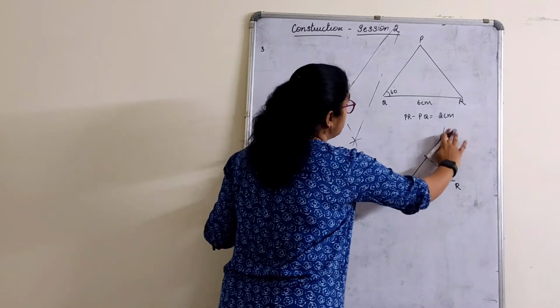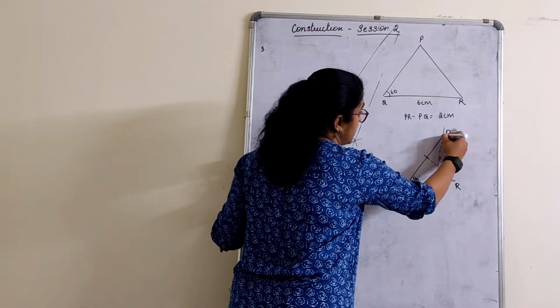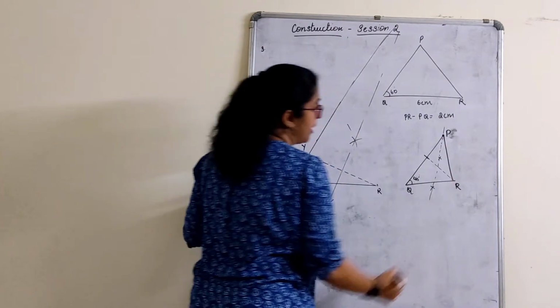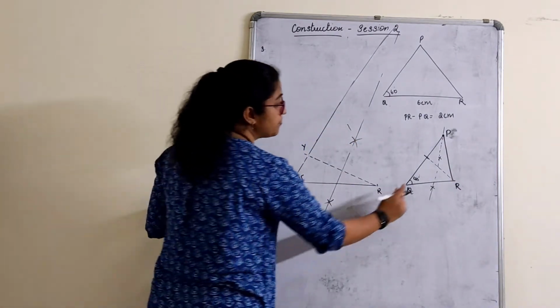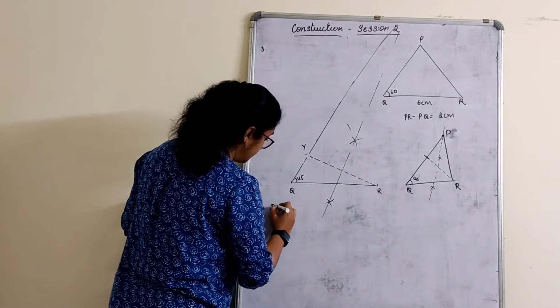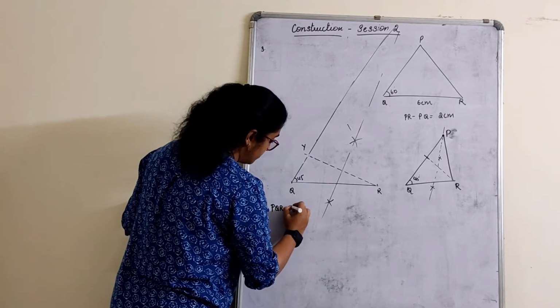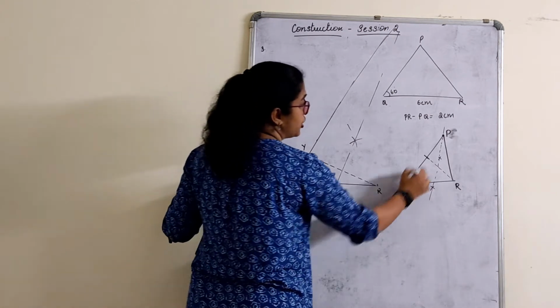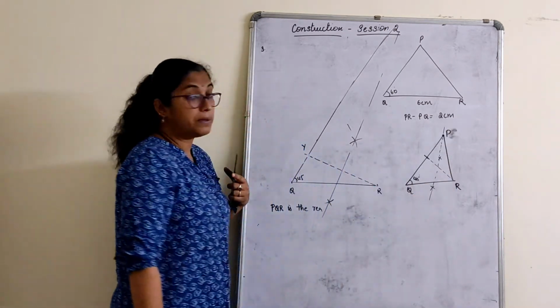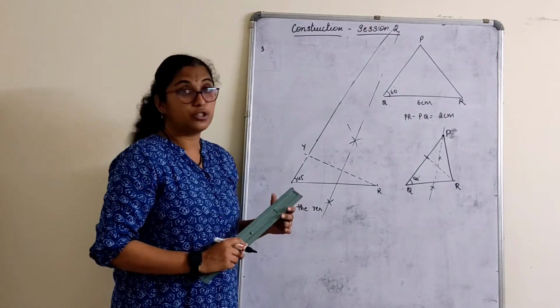This point is P. This P, you join that with R. This is how the construction comes. So PQR is the required triangle. Check with PQ and check with PR. Subtract that, you're going to get that.